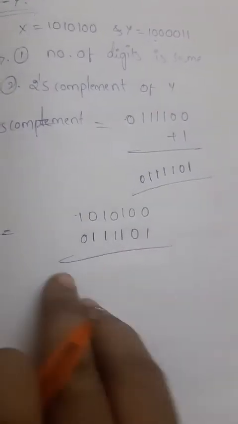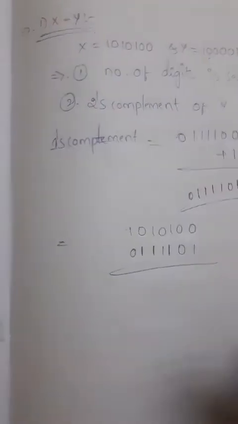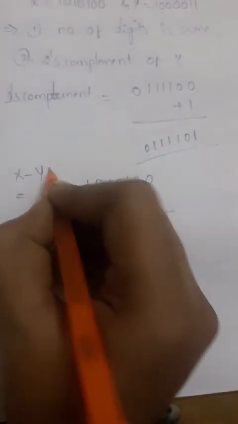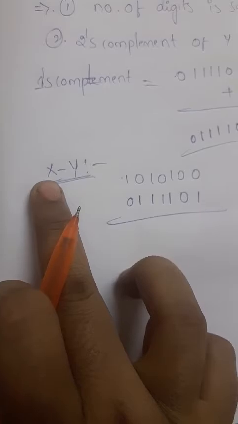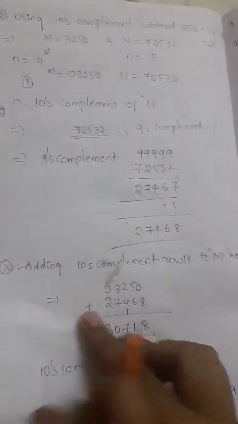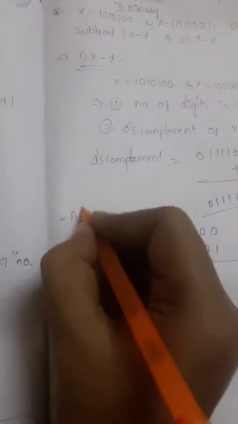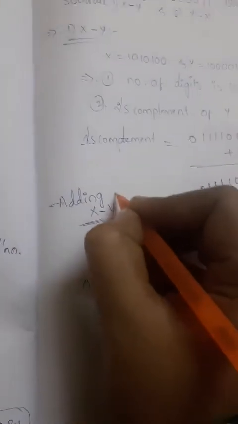We need to do the x minus y process, but here we have to do the addition process like the 10's complement method. Whatever result we get, that result will be added with the m number. Like that here also, the third step is adding the 2's complement result to the x number.